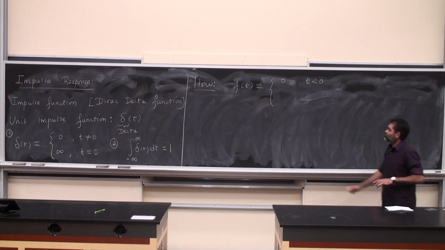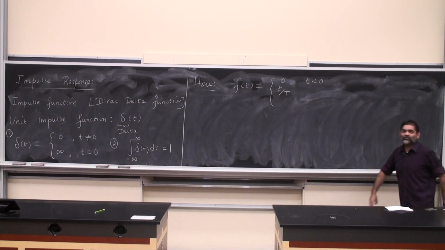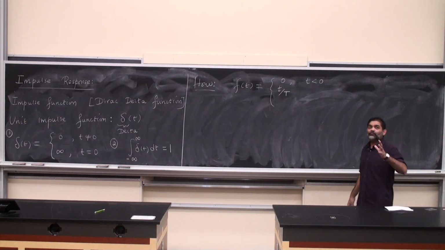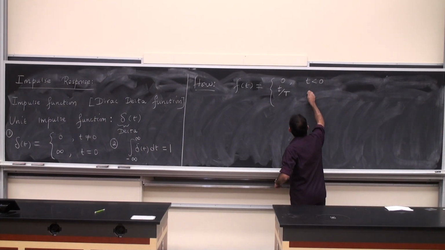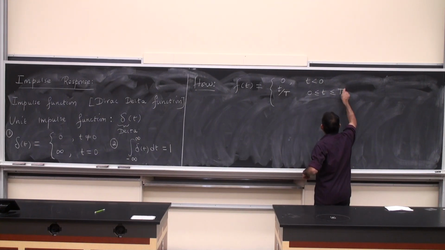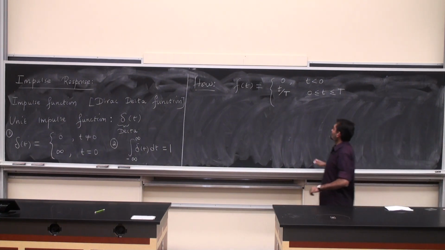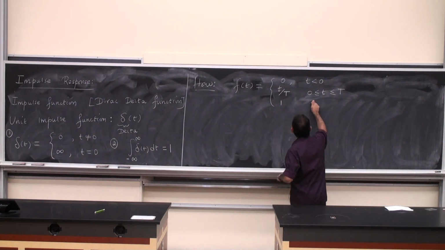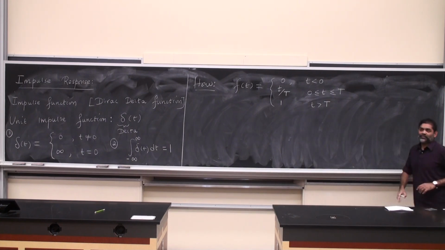Then it has a value of t divided by some time capital T. Little t is the variable time, capital T is a value of the variable. This is between 0 and T, and then it has a value of 1 for t greater than T.